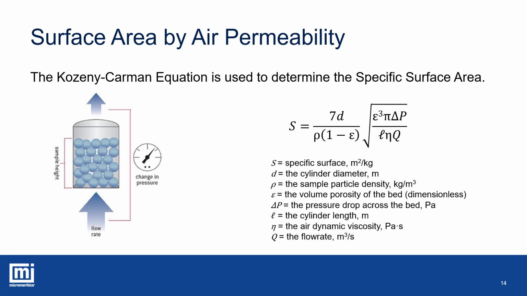And we use the pressure drop, the length of the cylinder, aerodynamic viscosity of the gas, and then the flow rate, and calculate the specific surface area. We can do this measurement by maintaining a constant flow rate and measuring a pressure drop, or we can maintain a constant pressure drop and measure the flow rate.